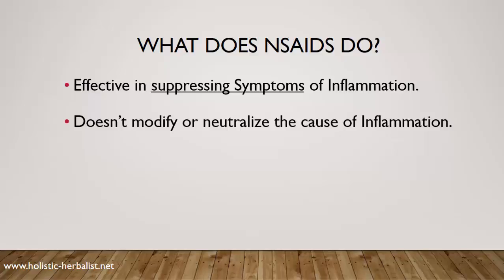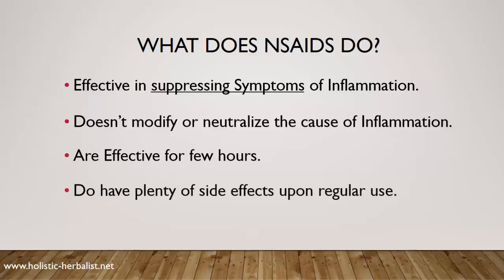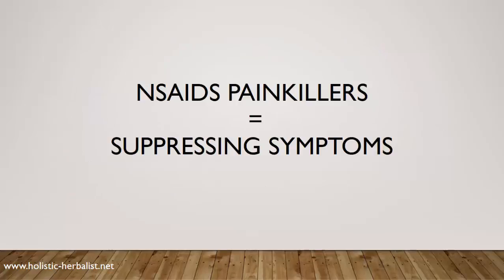They can suppress it for a few hours, but definitely being medical drugs, they have plenty of side effects upon regular use or mid-term to long-term use. Essentially, NSAID painkillers are suppressing symptoms of inflammation.